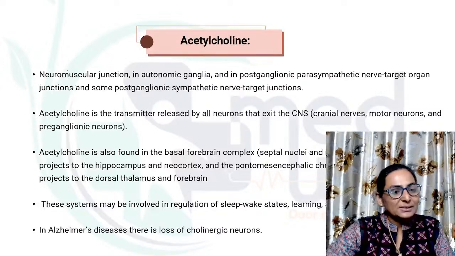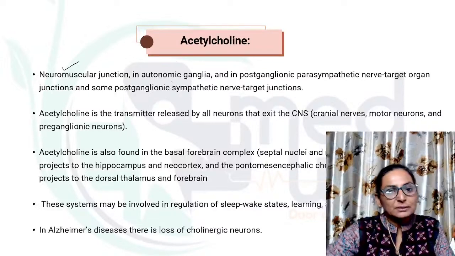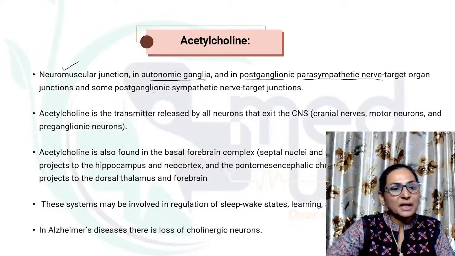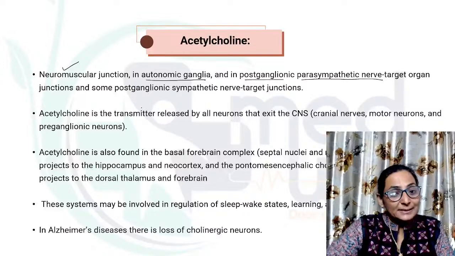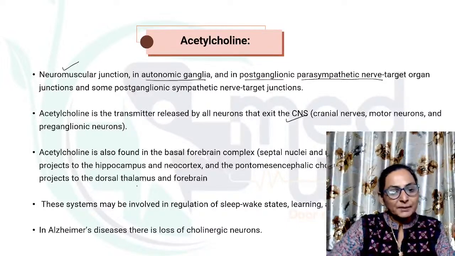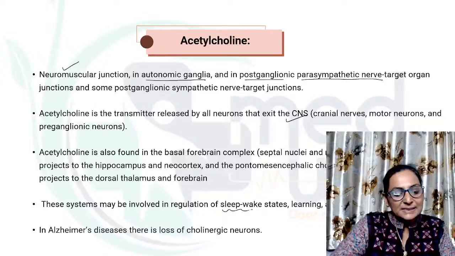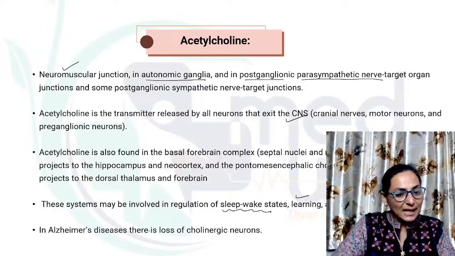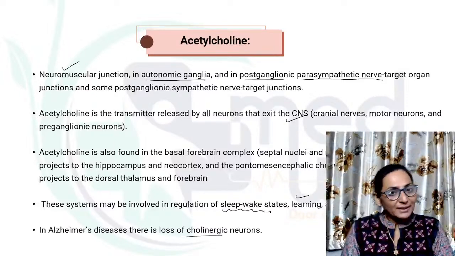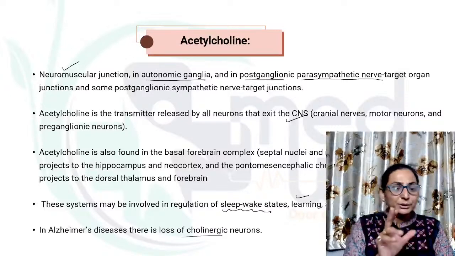Acetylcholine is a neurotransmitter at the neuromuscular junction, in the autonomic ganglia, and in the postganglionic parasympathetic target organs. It is also one of the very important neurotransmitters released everywhere in the CNS. It is involved in the sleep-wake cycle, in learning, in memory, and in Alzheimer's there is a loss of cholinergic neurons. So be very careful about the neurotransmitters.